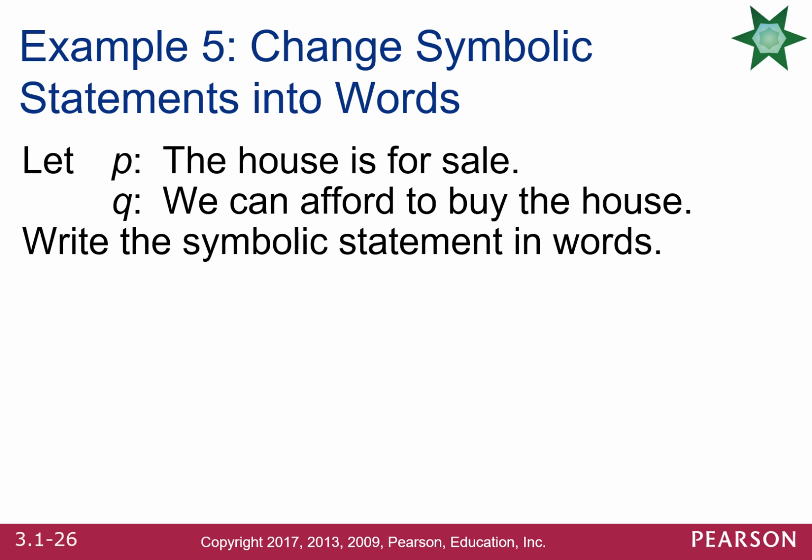So write the symbolic statement in words, which is P, which is the first idea, the house is for sale, and then we have the and symbol, correct? So let's write that down here. This is the and symbol, and then the not symbol, correct? So P is the house is for sale.